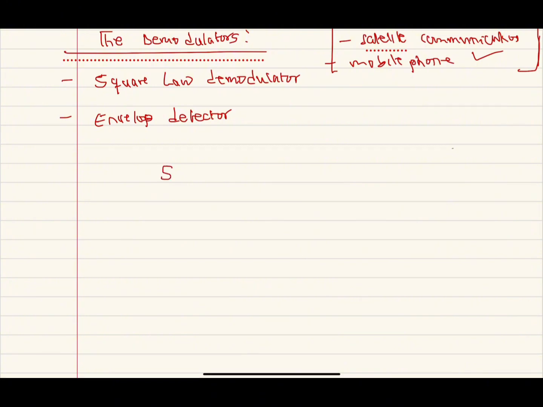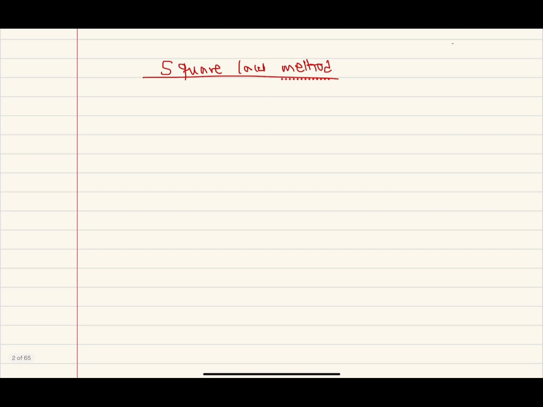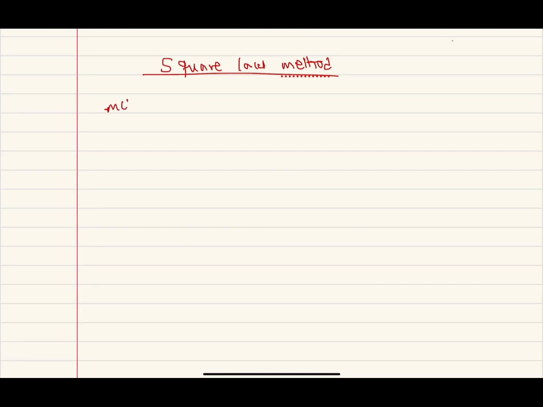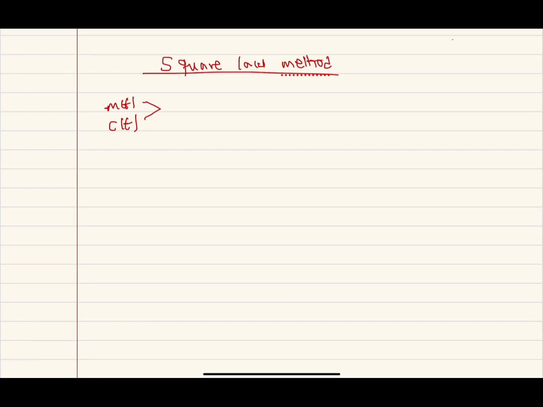This is the square law method. In modulation, we were saying that we needed only two signals, which is the message signal, m(t), and then the carrier signal, c(t). But due to the fact that this is not modulation, we are not going to use these ones.